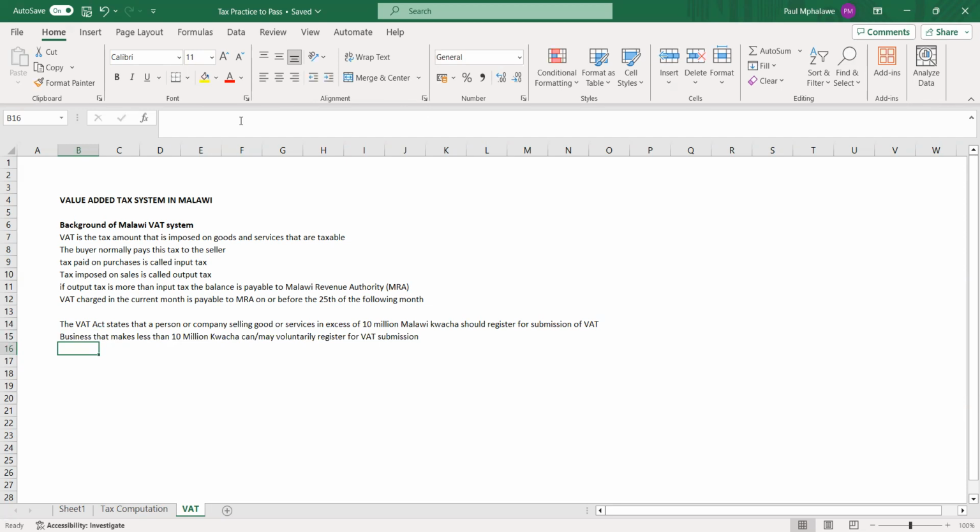Okay, there are some businesses that make less than 10 million and they are likely to be dealing with government or they want to stand legit. They are advised to voluntarily register for submission of VAT. Those are the key points to note.